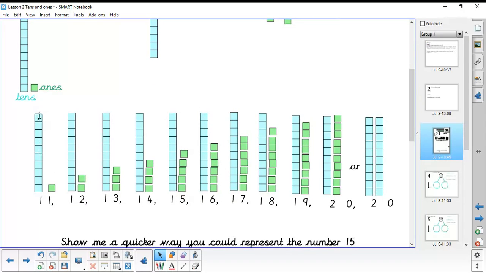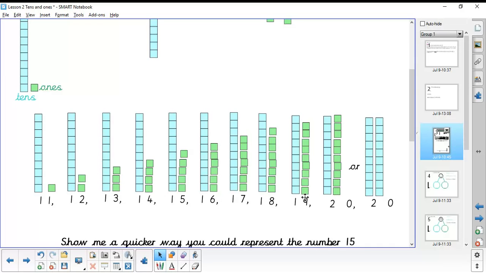So I have 1 10 and 1 one is 11, 1 10 and 2 ones is 12, 1 10 and 3 ones is 13, 1 10 and 4 ones is 14, and so on all the way up to 19, 1 10 and 9 ones.